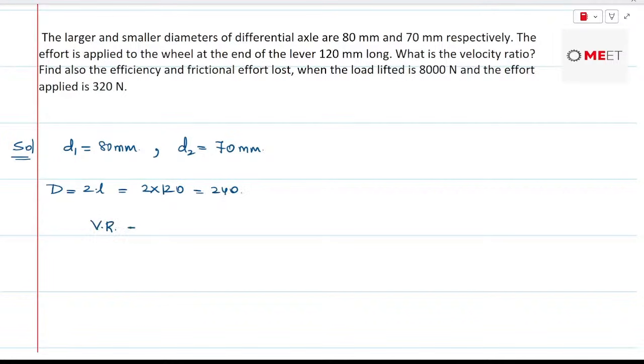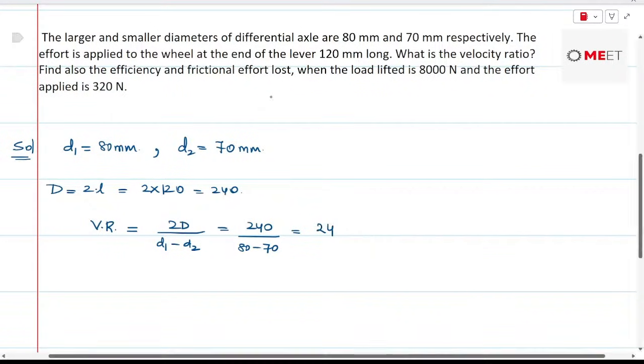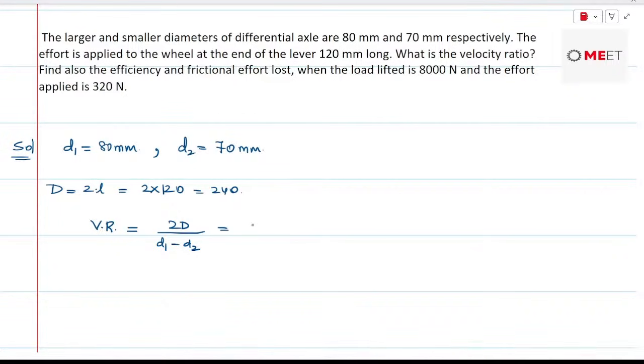Velocity ratio for the differential axle is given by 2D by D1 minus D2, which is 2 into 240 divided by 80 minus 70, which is 48, is the velocity ratio.